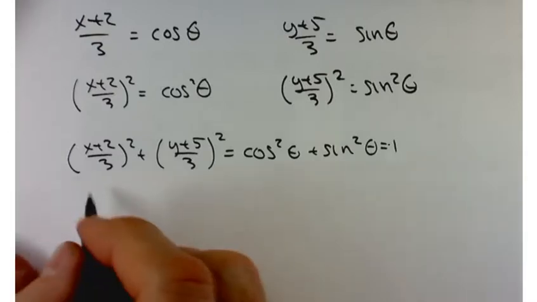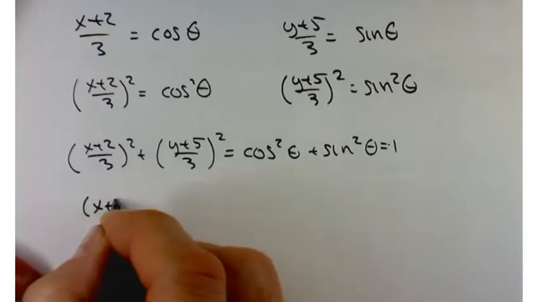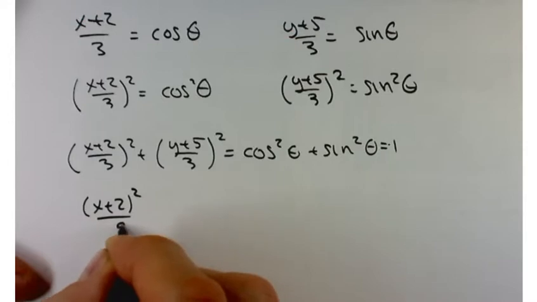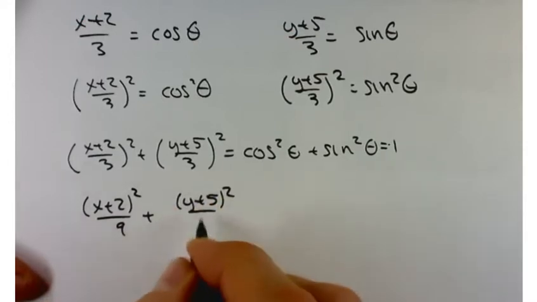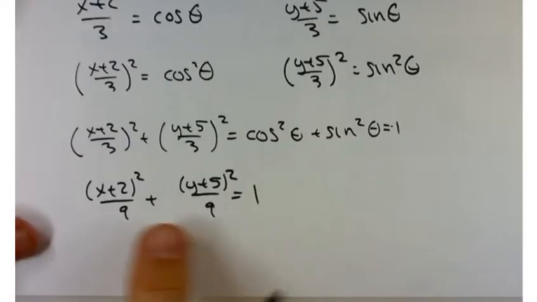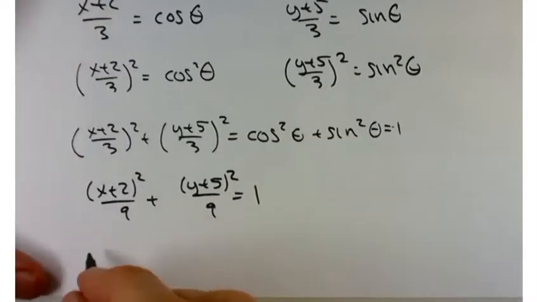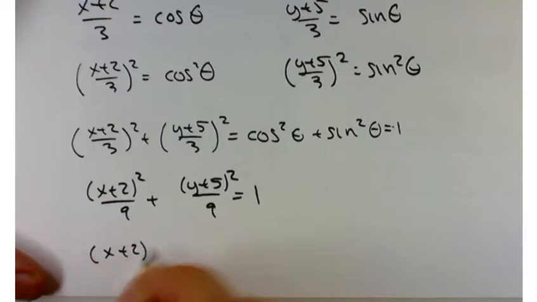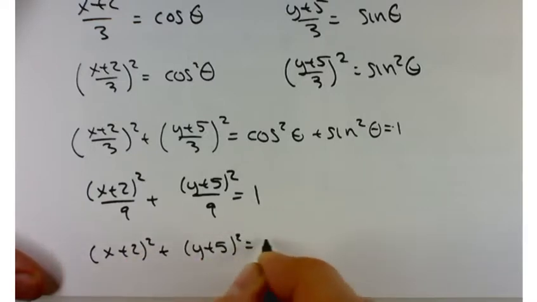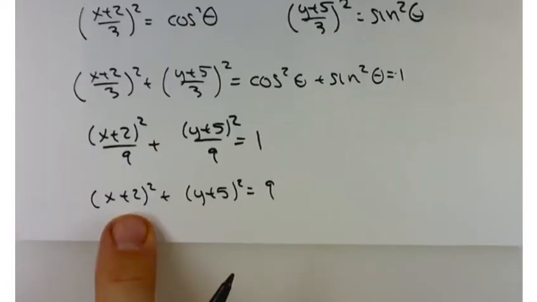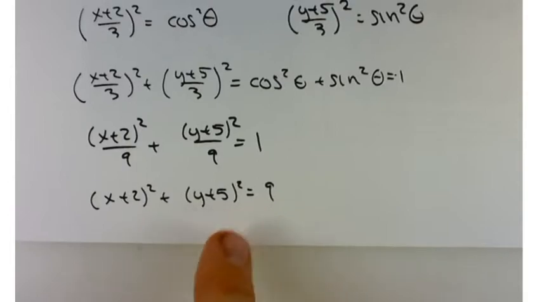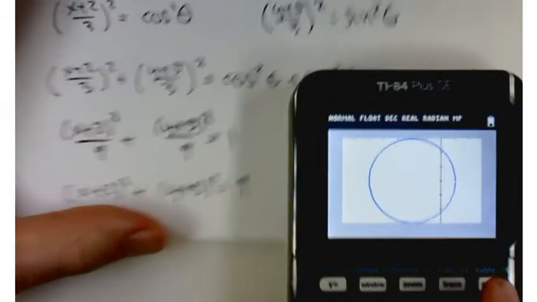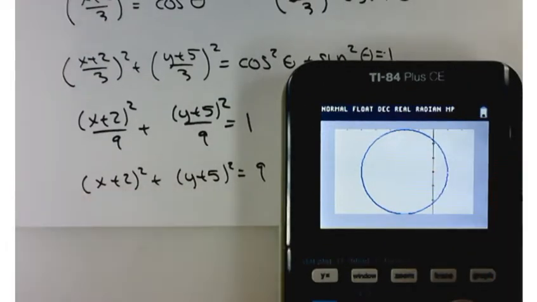Well, if you notice, I've really got x plus 2 squared over 9 plus y plus 5 squared over 9 again equals 1. When I multiply both sides by 9, I get x plus 2 squared plus y plus 5 squared equals 9. That's a circle with a center at -2 and -5 and a radius of 3. That's exactly what we have graphed right here.